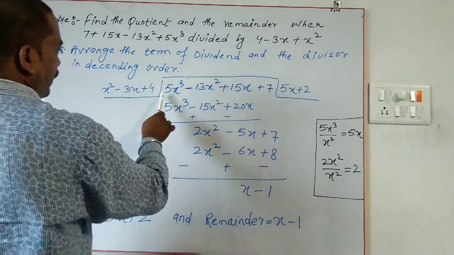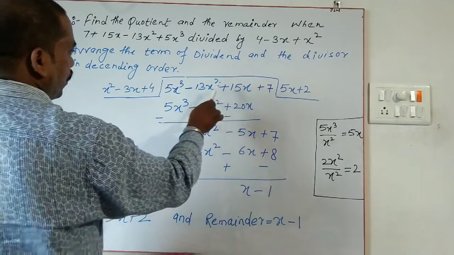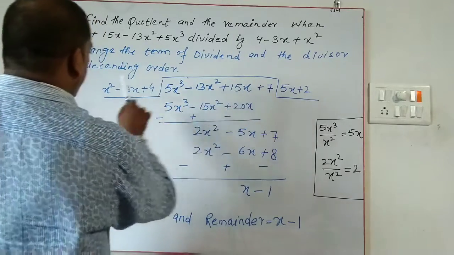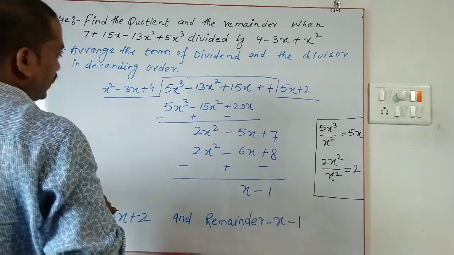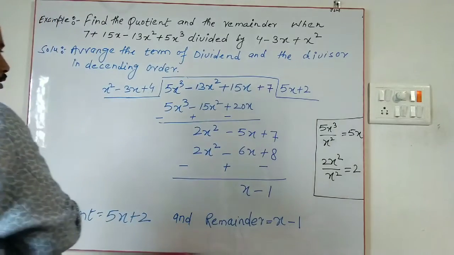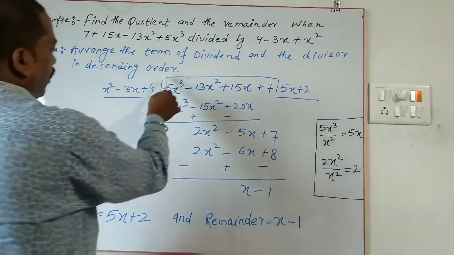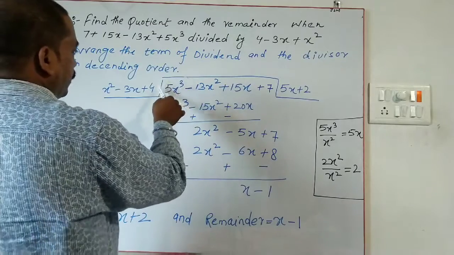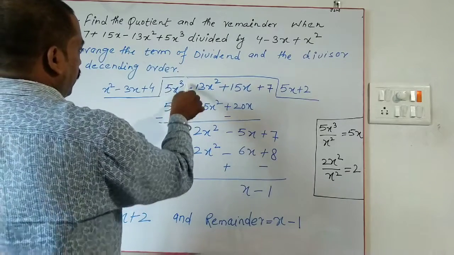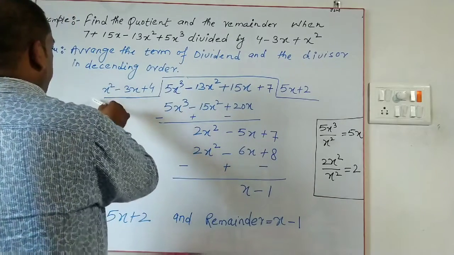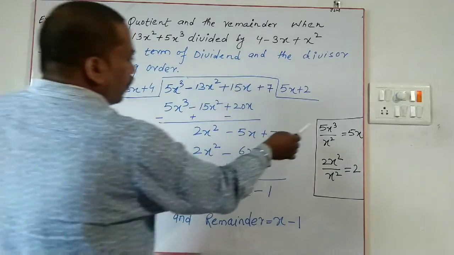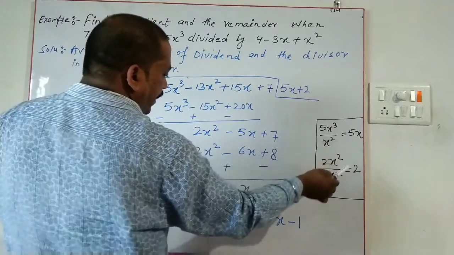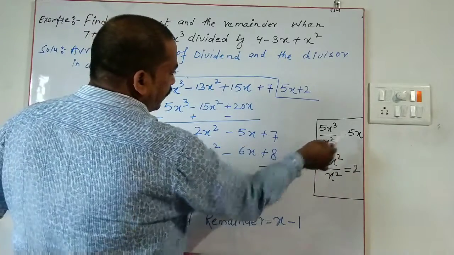Now we will divide 5x cube minus 13x square plus 15x plus 7 by x square minus 3x plus 4. So the first term of the dividend is 5x cube. We will divide the first term of the dividend by the first term of the divisor. So when 5x cube is divided by x square, we will get 5x.